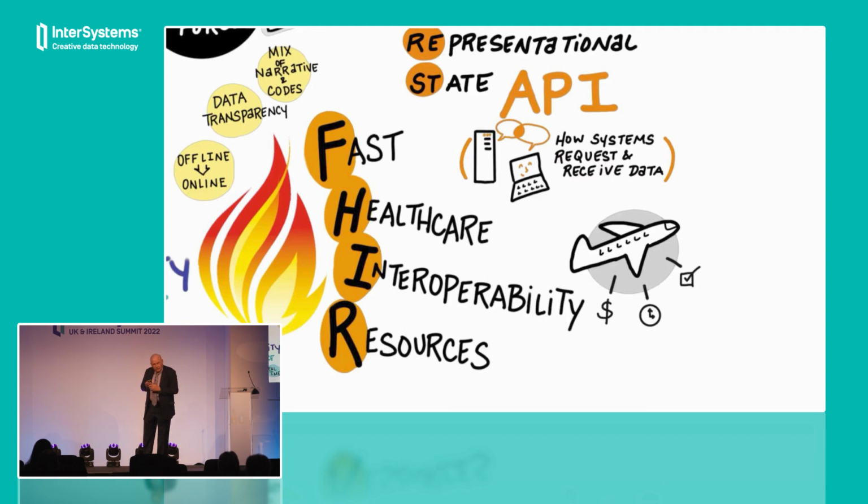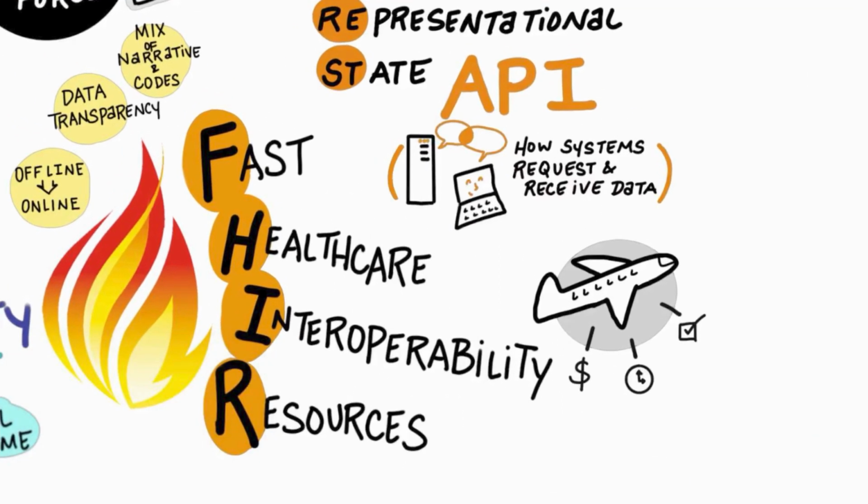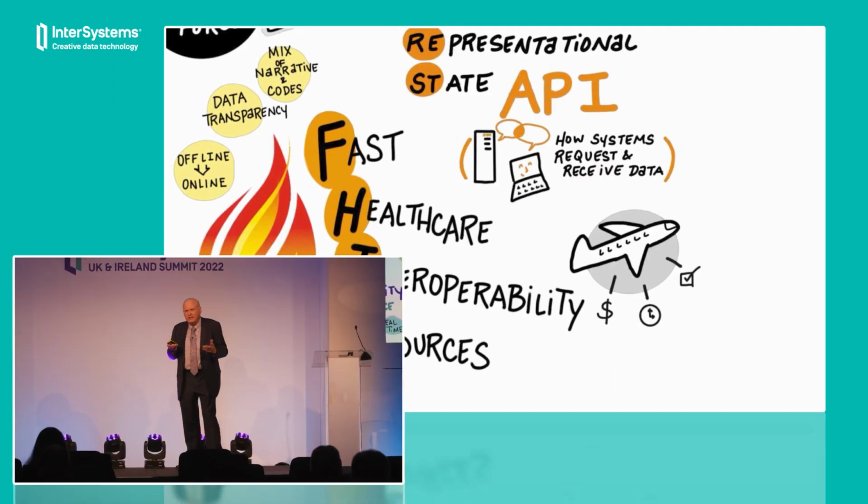So FHIR in its essence is what's called a REST API, a representational state transfer API. And you may know what an API is, but to explain it simply, I would use the analogy of a travel website. So if you go to your favorite travel website and say you want to go from London to New York on November the 15th, within a few seconds you see a list of flights from different airlines.